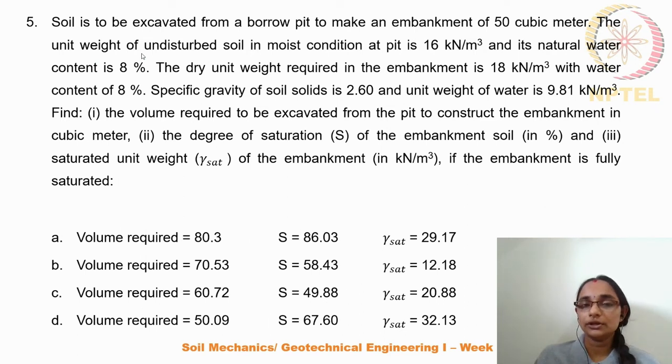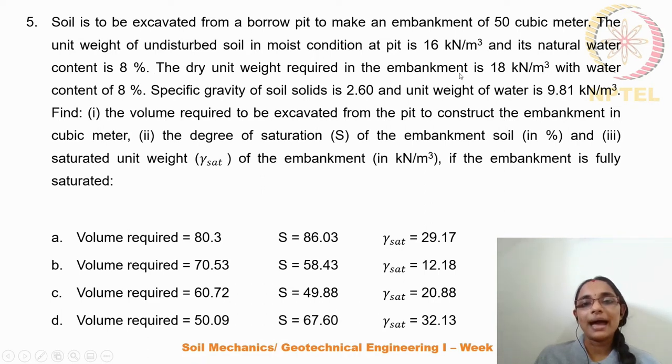Yes, it is bulk unit weight because it is the unit weight of undisturbed soil mass in its natural moisture condition. So bulk unit weight of the soil in the pit is given as 16 kilonewton per meter cube. Then natural water content is given as 8% or 0.08.